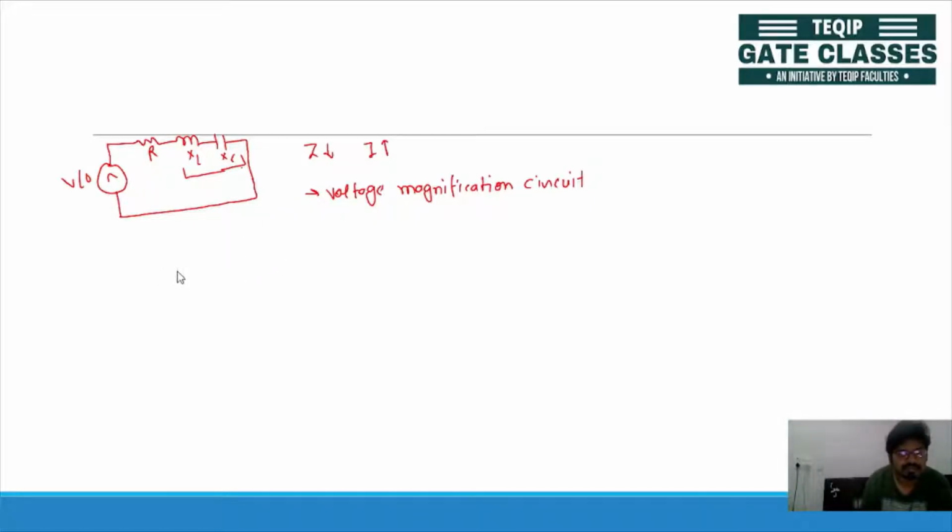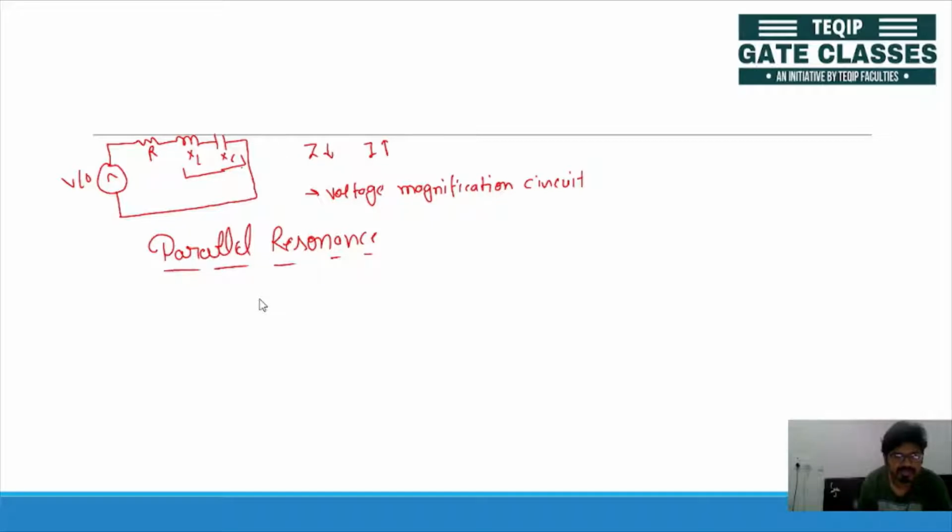Now let's discuss parallel resonance. So far we have discussed series resonance. Let's analyze parallel resonance as we studied series resonance. When discussing series resonance, we were analyzing in terms of impedance.